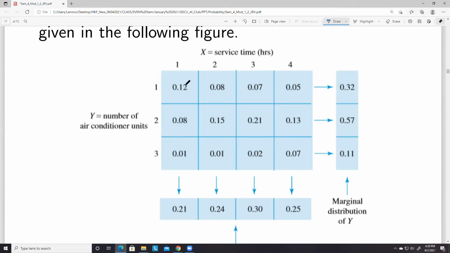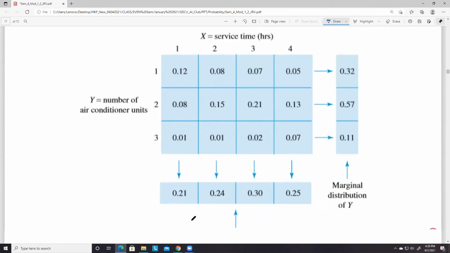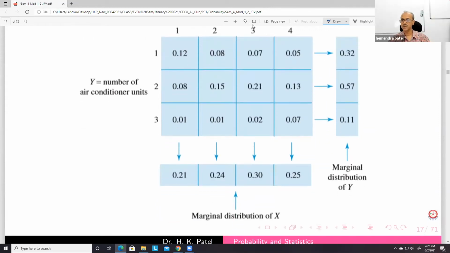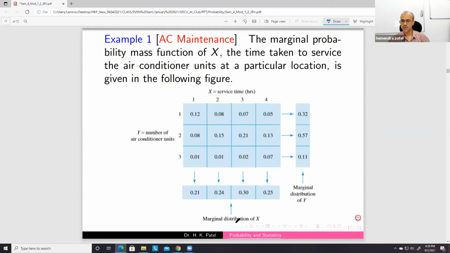Below x, if you add column wise, these are the marginal distribution of x, these numbers. Then the marginal distribution of y is row wise, these numbers. You can see that this total sum will always be equal to 1, because this is a PDF.